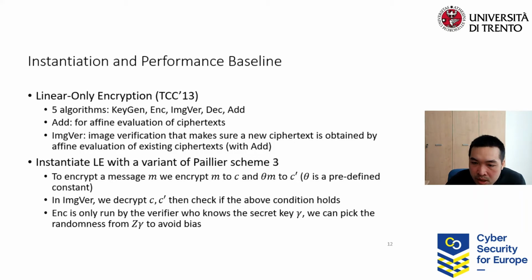So an LE ciphertext now is actually a pair of Paillier ciphertext C of M and C prime of theta M. In the image verification, to verify whether an LE ciphertext is valid, we decrypt both the Paillier ciphertexts and check that the linear relation involving theta still holds between the plaintexts. Finally, in our LE scheme, as the encryption is only run by the verifier who knows the secret key gamma, we can actually pick the randomness for the encryption from Z gamma to avoid existing bias of the Paillier scheme.